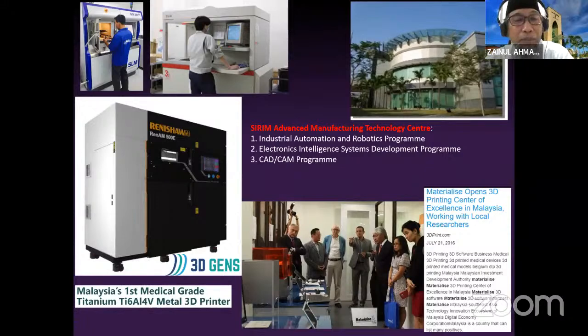It's quite expensive, but we now have medical-grade 3D printing in Malaysia. And the Materialise company, as I told you, in Leuven, Belgium, opened a company in Malaysia to cater for patients who need 3D printing tools for reconstruction. So this is the development going on in Malaysia with regards to 3D printing.